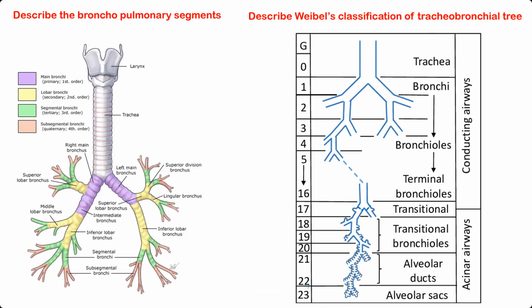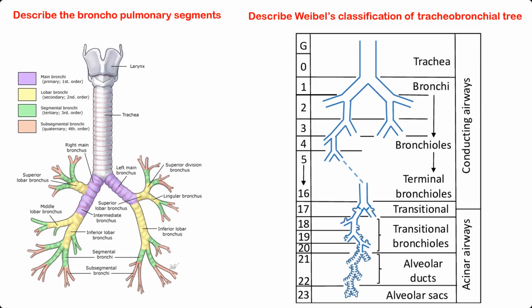Ultimately, you have 23 generations or divisions. Up to 16, this is called the conducting zone, where the air only travels in and out. They are called the conducting zone, and their structure and their lining mucosa are all different.